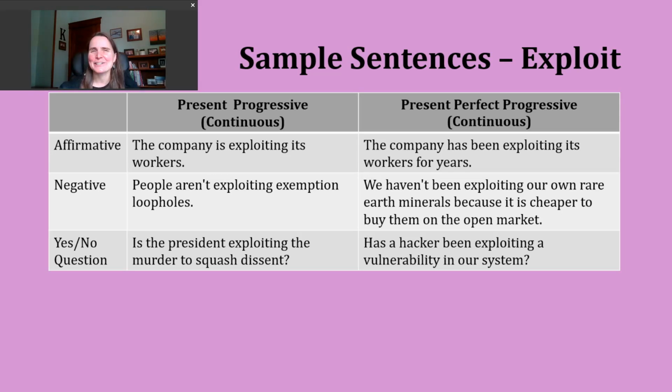Finally, let's take a look at making a yes or no question in the present perfect progressive. To do this, we're going to either start with have or has. Whatever form matches our subject, that subject comes next, then the participle been, and then that ing form of the verb. Here's another example. Has a hacker been exploiting a vulnerability in our system?